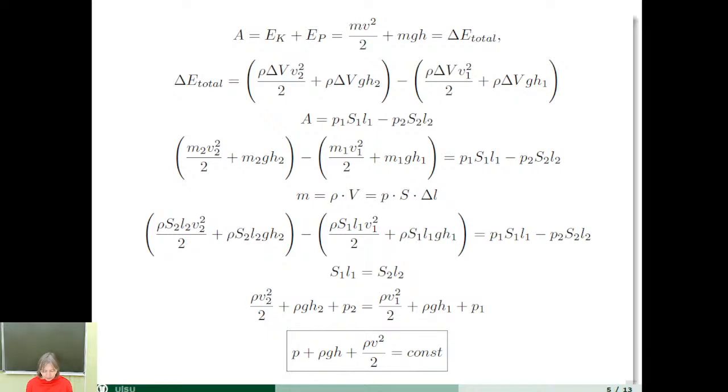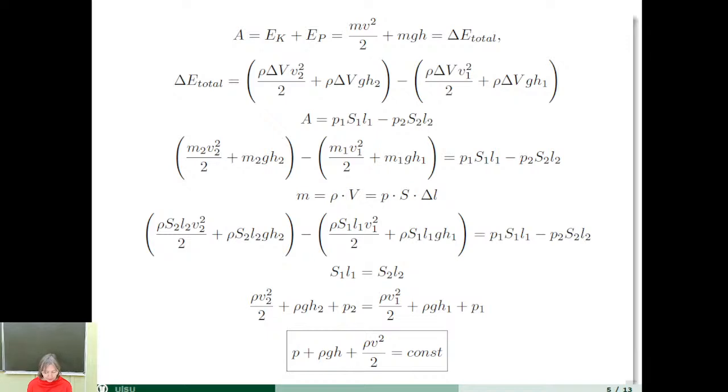Therefore, the increment of total energy is equal to the difference of value of total energy of the shaded volumes delta V2 and delta V1, whose mass is a product of rho, the density of liquid, and delta V, the volume.